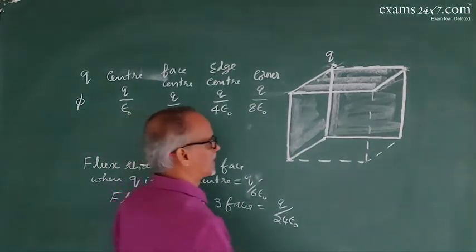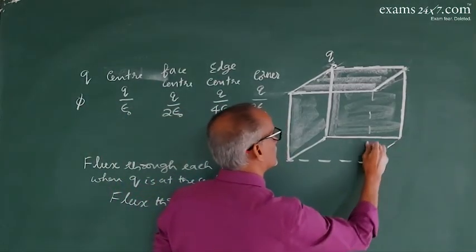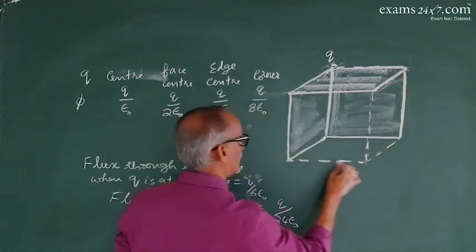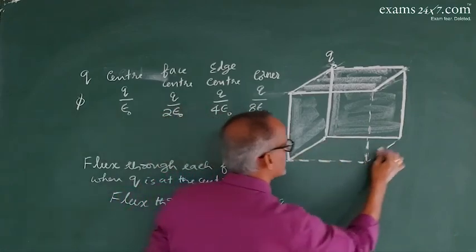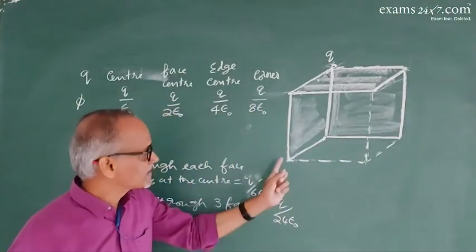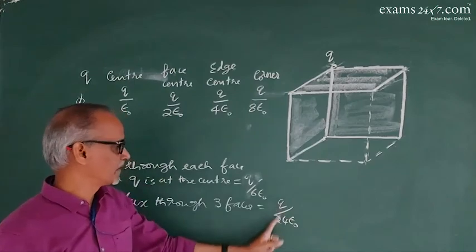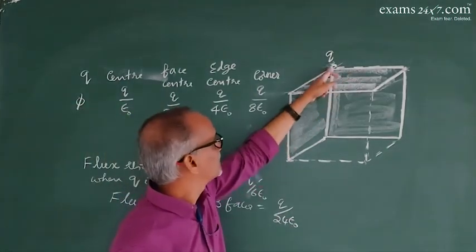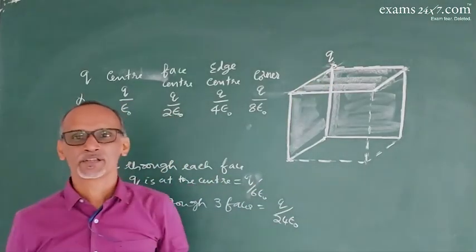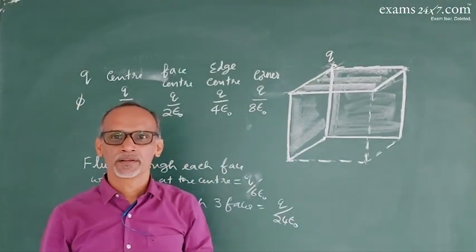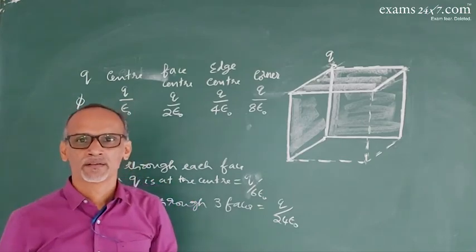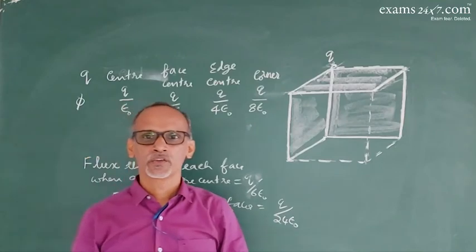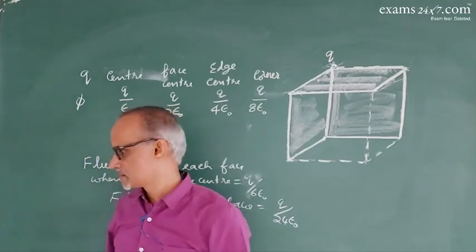So that means there is flux through this surface 1 and 2, and here the bottom which is 3. And what is the flux through those 3 surfaces? It is Q by 24 epsilon naught. What is the flux through the surfaces nearest to that charge? It's 0. So this is one important concept of finding the flux when charges are placed at different locations of a cubical Gaussian surface.